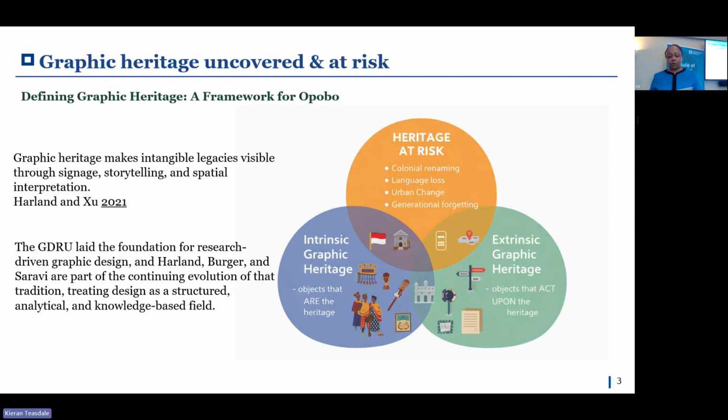This understanding draws heavily on the intellectual tradition developed by the Graphic Design Research Unit at Loughborough University, particularly the work of Robert Harland and Yolandi Berger, and also Sarah Saravi on cultural mapping. Their research has demonstrated that graphic design should not be understood merely as aesthetic production, but as a method of investigating social systems through visual artifacts.